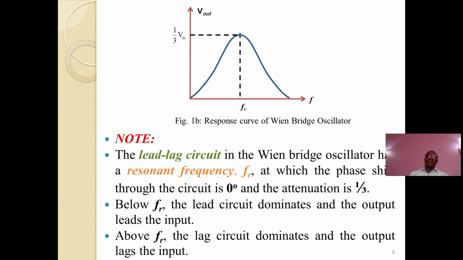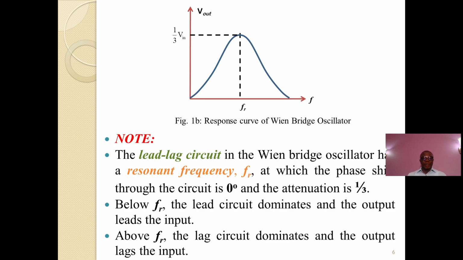Then the lagging circuit takes over and the frequency continues to drop, or the value of the output continues to drop. At the point of 0, it forms a response as we plotted here in blue color.